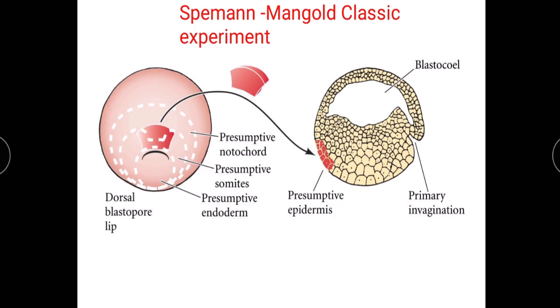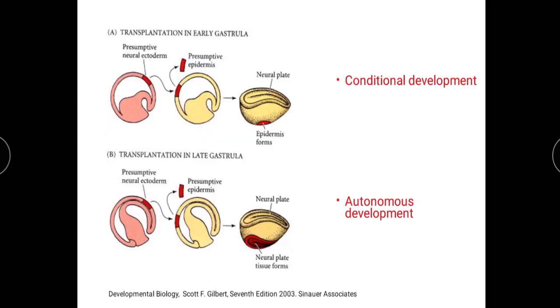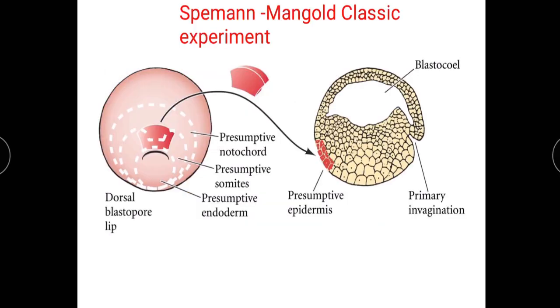When they transplanted the dorsal blastopore lip, remember this is a very important area. This is the blastopore, and it is guarded by this fold. This is called the dorsal blastopore lip, and this one is the ventral lip. So what they did was cut this area here. In this picture it is shown more closely.